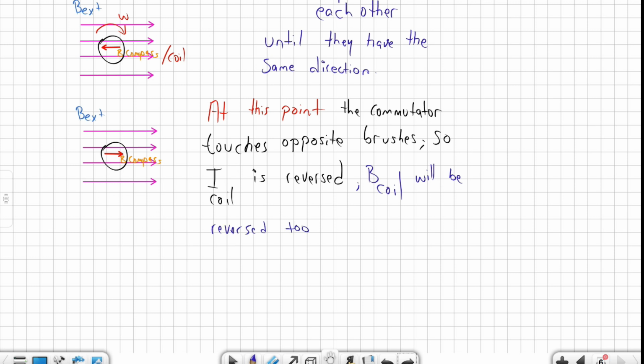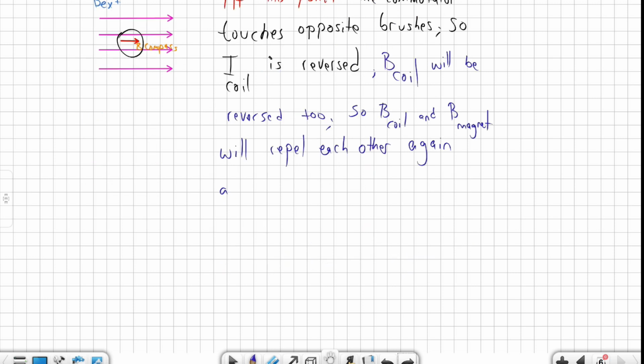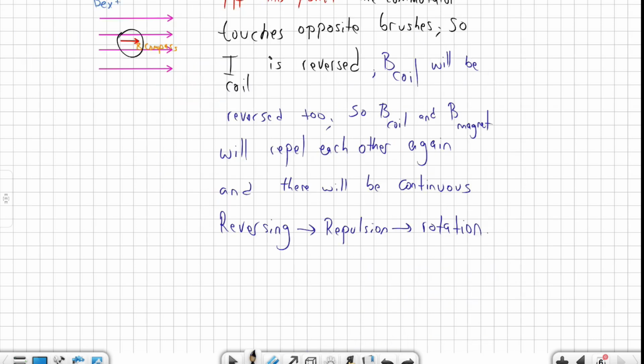We have a reversed magnetic field, so the magnetic field of the coil and the magnetic field of the magnet will repel each other again, and this cycle continues, and we have a continuous rotation. So we always have a continuous reversing of the current, which causes a continuous repulsion, which causes a continuous rotation.